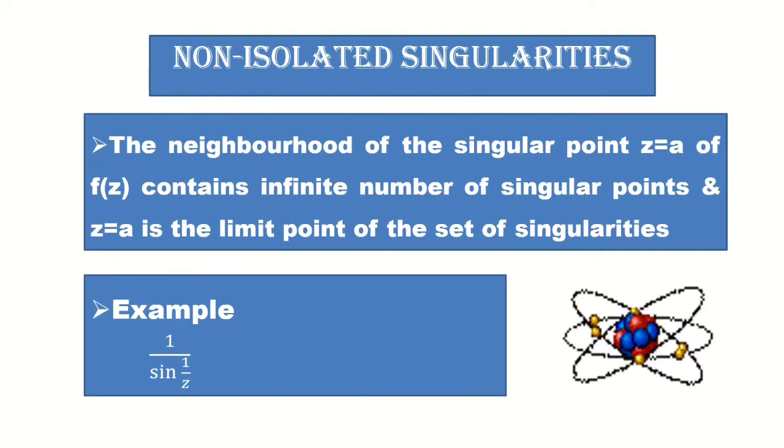This function vanishes at the points z = ±1/(nπ), where n varies from 0 to infinity, and z = 0 forms the limit point of the set of other singularities. Hence, 0 is a non-isolated singularity, whereas infinity is an isolated singularity.